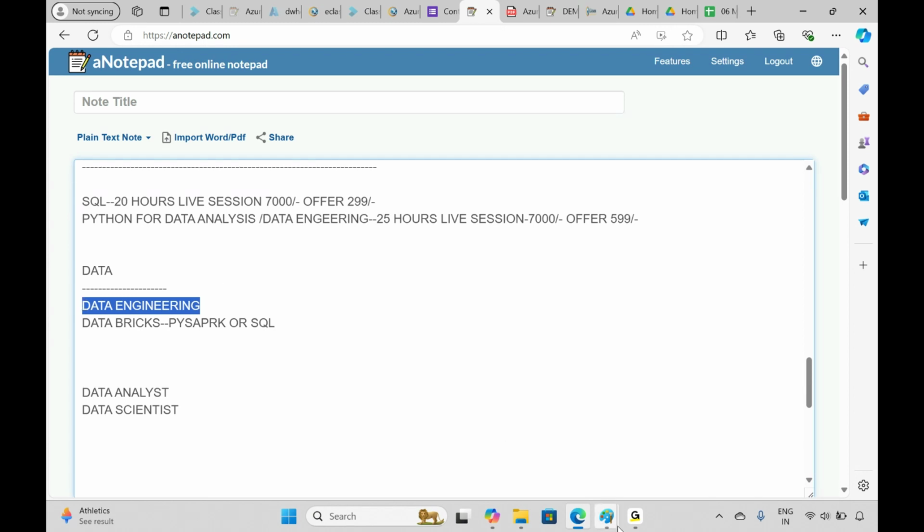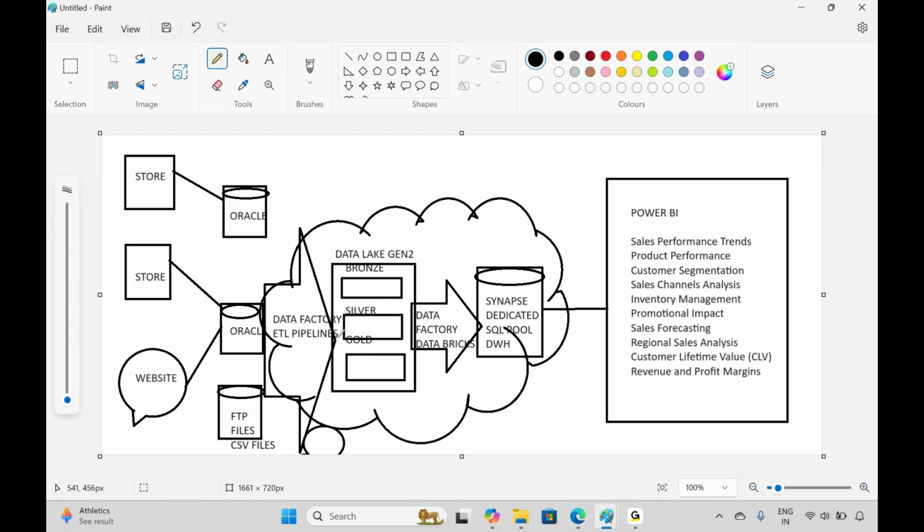If you see the architecture of business data processing, for example, I have a supermarket. I have another supermarket. Every day a customer goes to the supermarket and buys products. They might go to the physical store or they might go to the website as well, like Amazon.com or Flipkart.com, log into the website and buy the product.